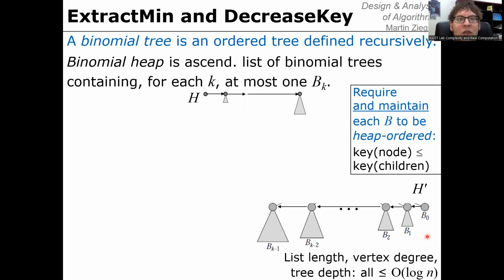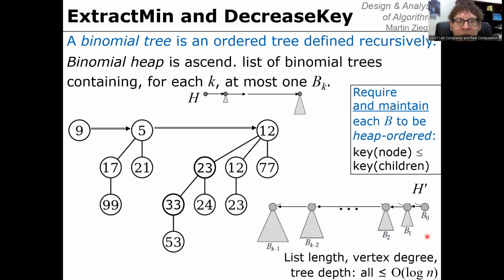And what remains to do is to merge them back again into one single binomial heap. And that's where our workhorse, the merge operation, comes into play. But as promised, the merge operation is explained in the next slide. On this slide, we want to discuss also the other operations, so that concludes our discussion of ExtractMin.